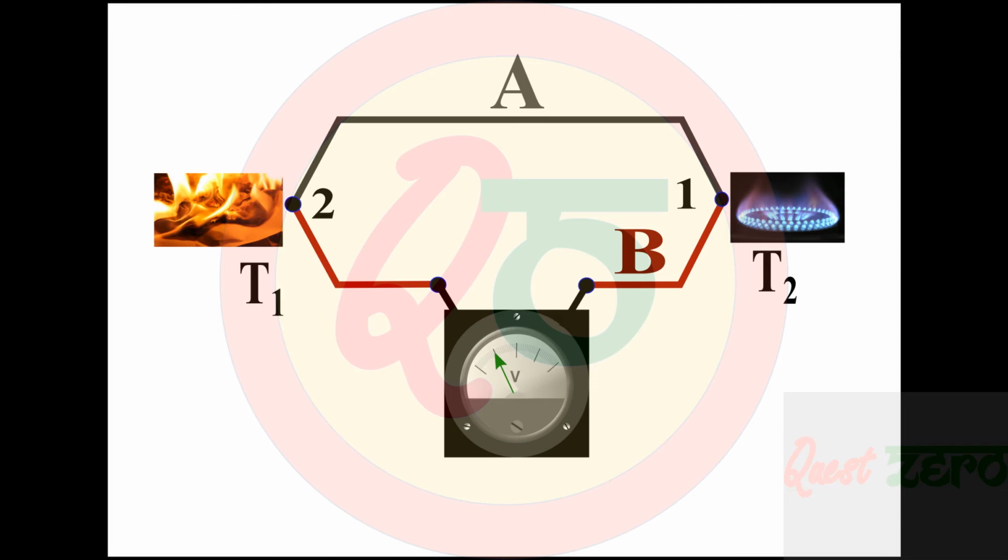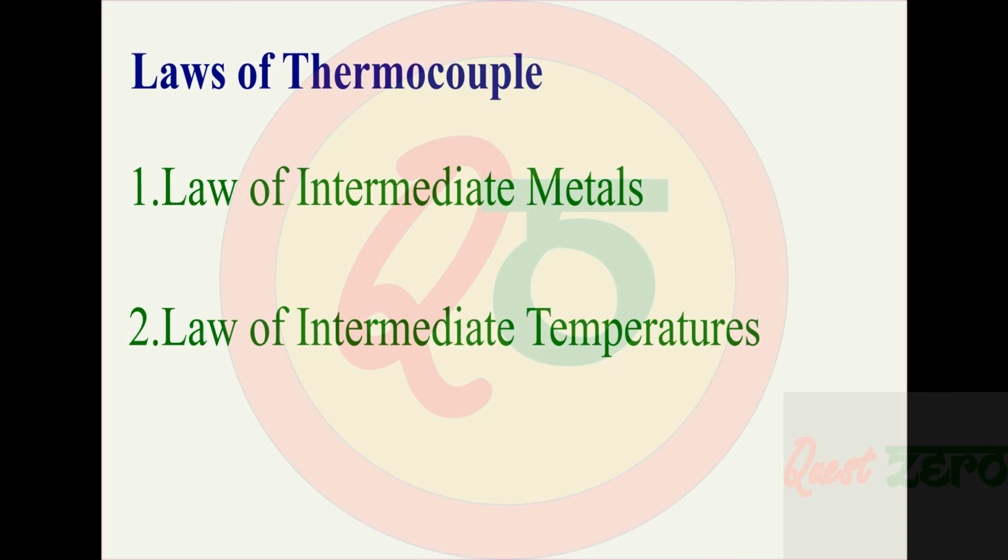So this is the working of a thermocouple, and there are two laws of thermocouple which are of very importance. The first law is called the law of intermediate metals, and the second law is called the law of intermediate temperatures.